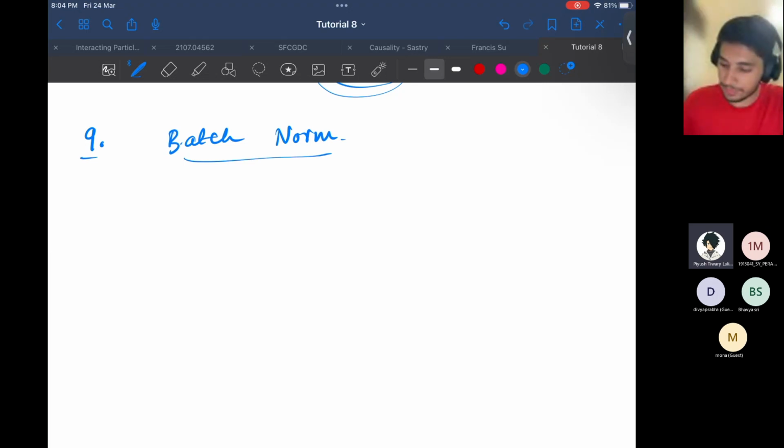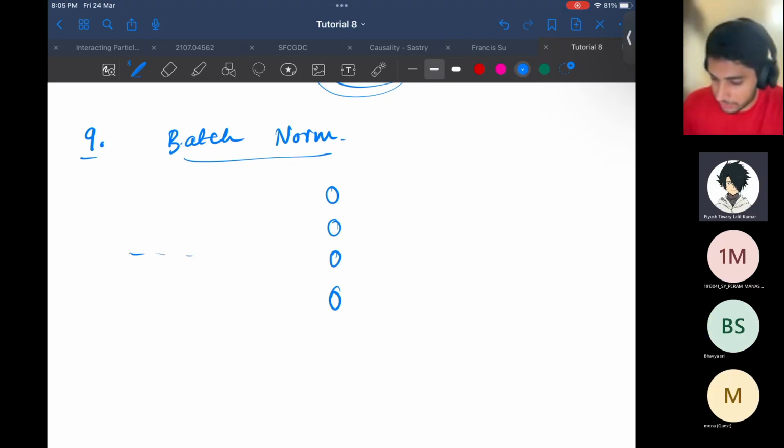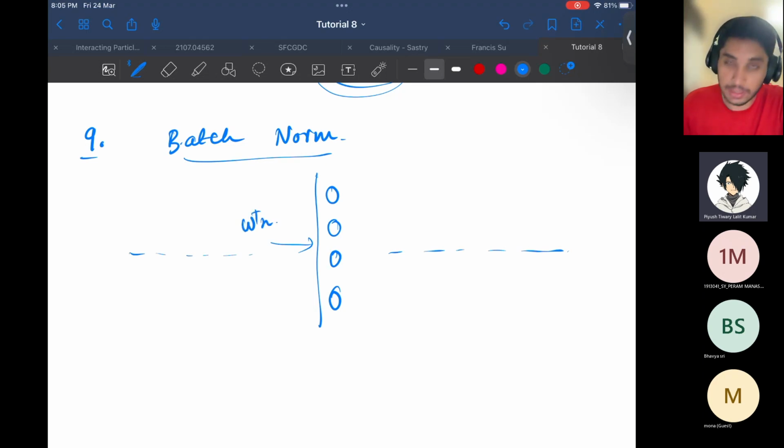Let's say there is some intermediate hidden layer. There are a lot of hidden layers here and a lot of hidden layers here. What batch normalization does is the following. Before this layer, something like w transpose x is coming in. Let's call it some a. So a particular layer is going to get a as its input.